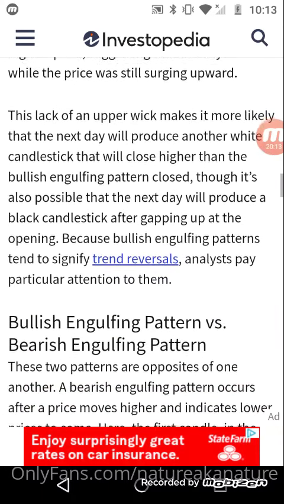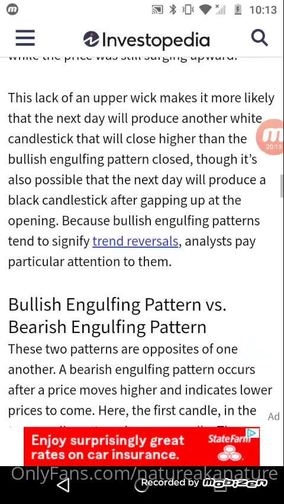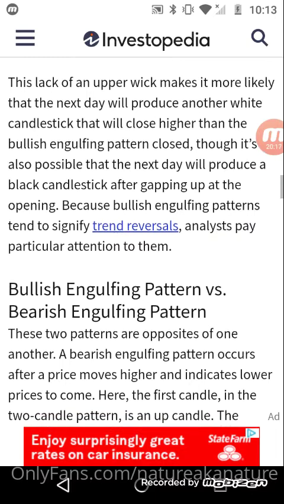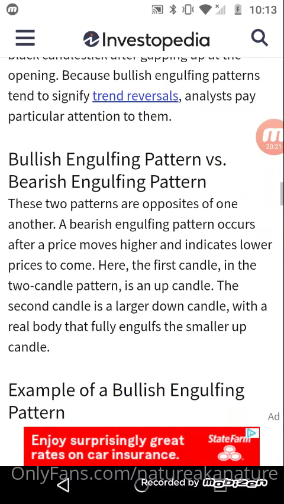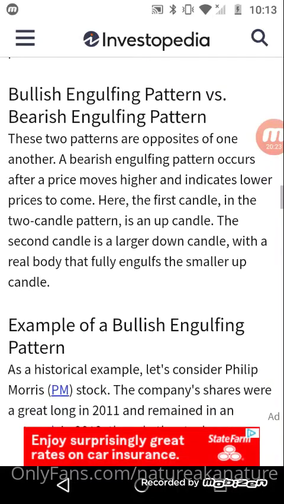In the two candlestick pattern we just went over, the first candle was a down candlestick and the second was an up candlestick, with the real body engulfing the smaller candlestick, meaning it's going back up. So let's go over the bearish engulfing candlestick now.